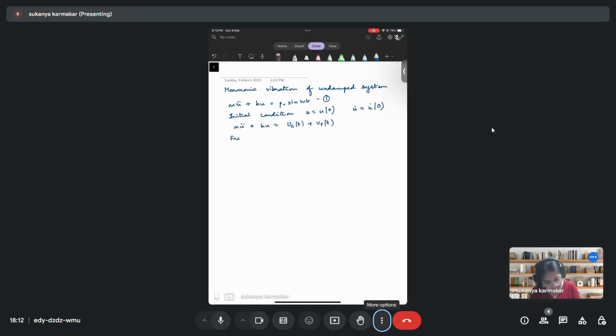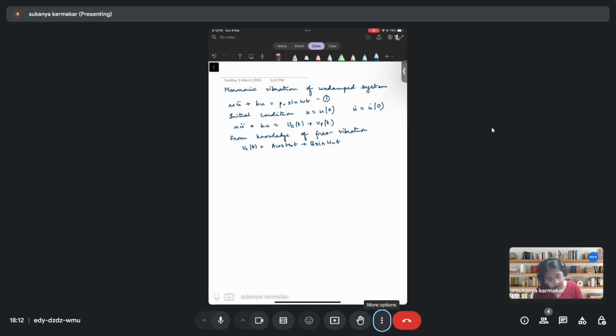From knowledge of free vibration we know that the complementary solution is of the form a cos of omega n t plus b sine of omega n t.